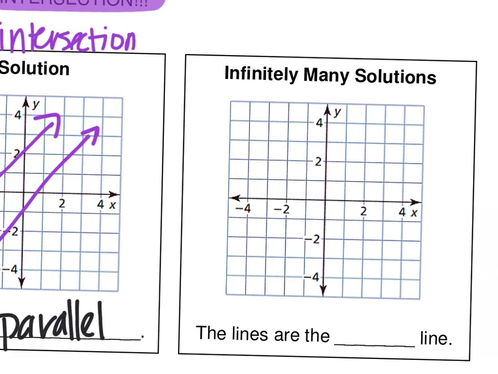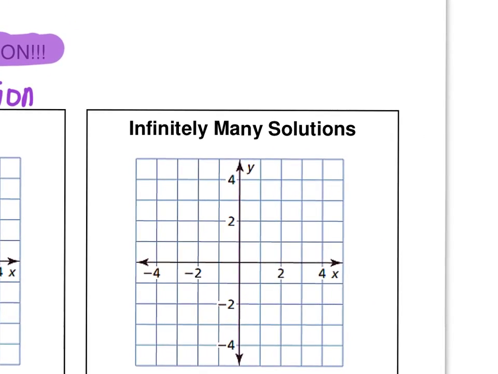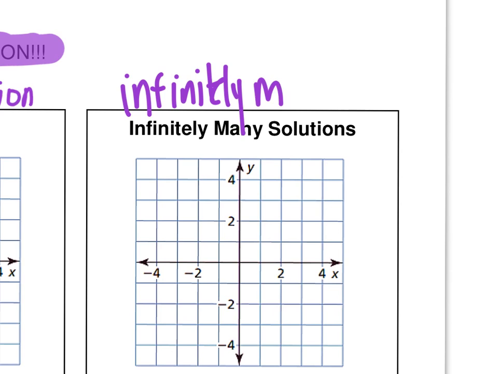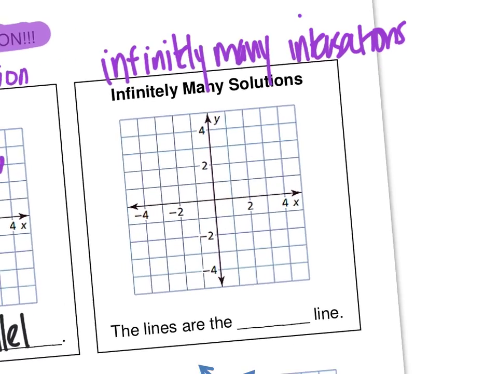My third option for solutions is what's called infinitely many solutions. That's the same thing as saying infinitely many intersections. If it has infinitely many intersections, what that means mathematically is that it intersects everywhere.